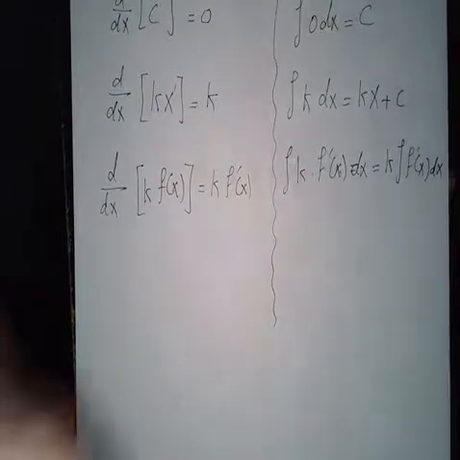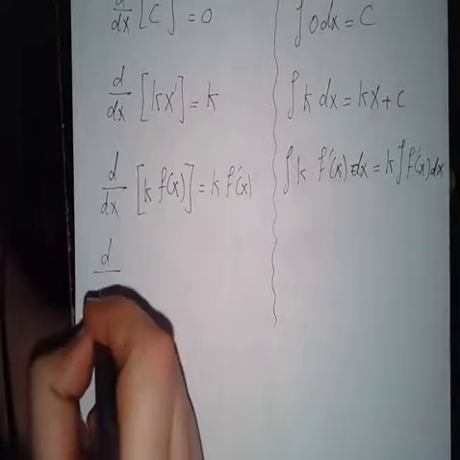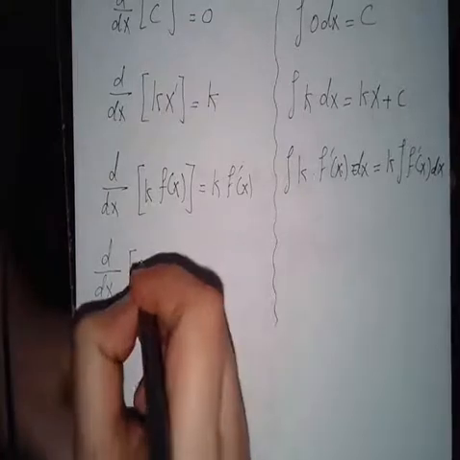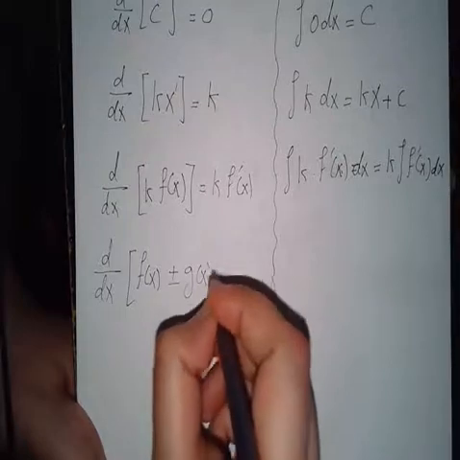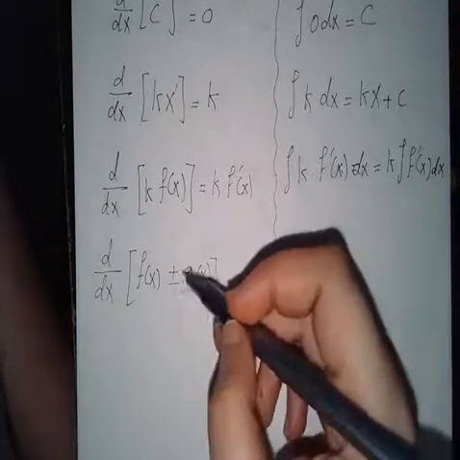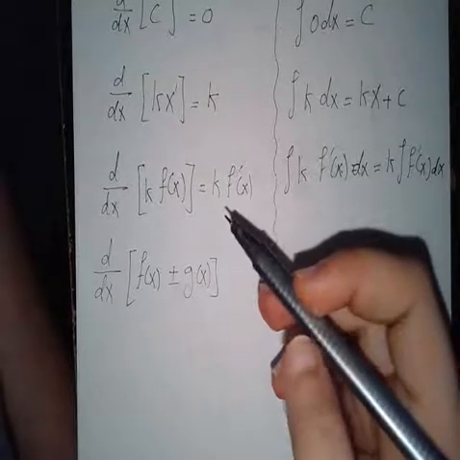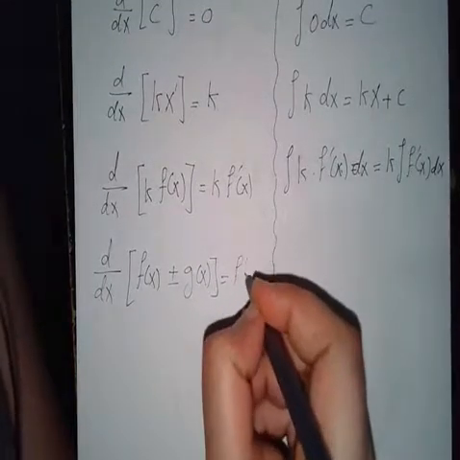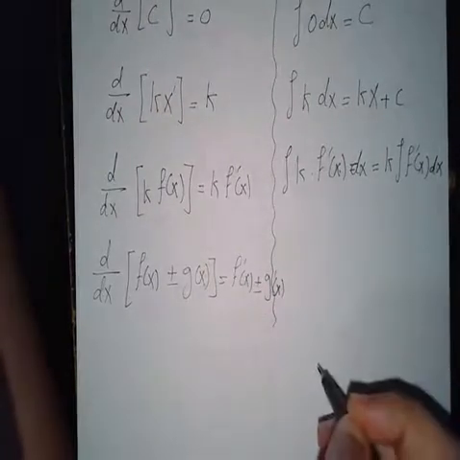So that was a property that's very useful. So let me give you more about d dx of, bear with me, now we have f of x plus or minus g of x. Right? So this is where we use the rules, right? Over here, when you have functions added or subtracted, as far as when it comes to derivatives, it doesn't matter, right? You derive each of them separately. So this is supposed to equal f prime of x plus or minus g prime of x, right?